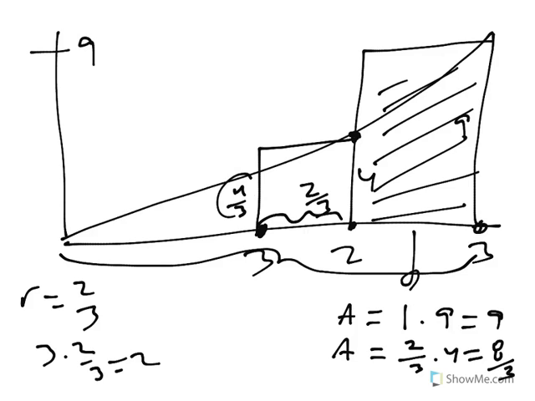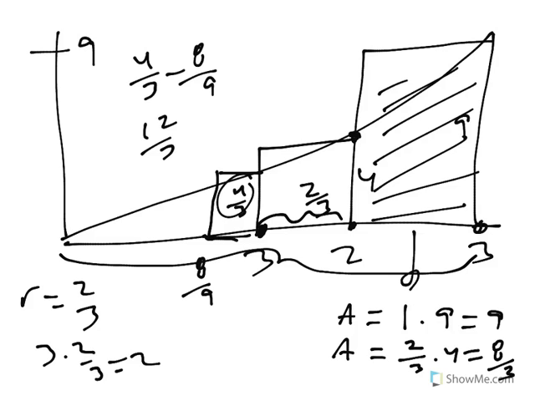If I multiply 4/3 by 2/3, I get 8/9. And that's my next rectangle. Now 4/3 minus 8/9 is going to be the width of it, which is 12/9 minus 8/9, which is 4/9.